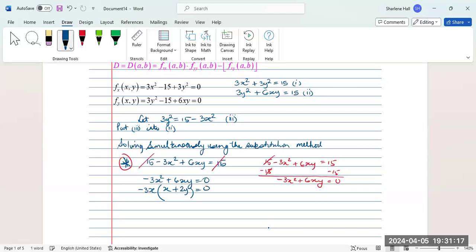Yes, sir. So either negative 3x equals 0, which implies x equals 0, or I have x plus 2y equals 0, which implies x is equal to negative 2y.